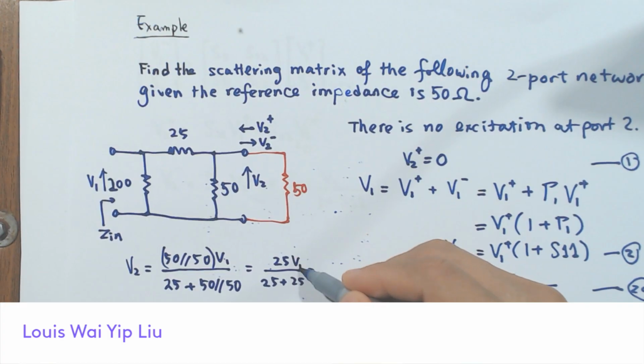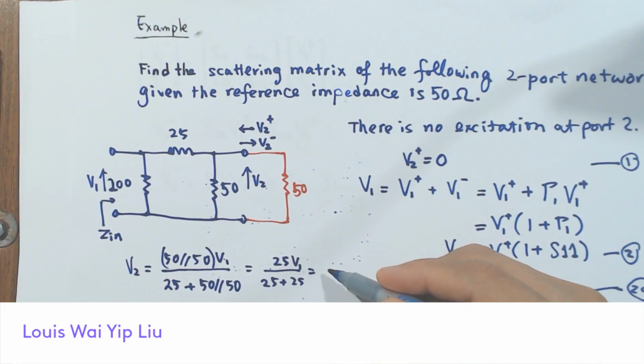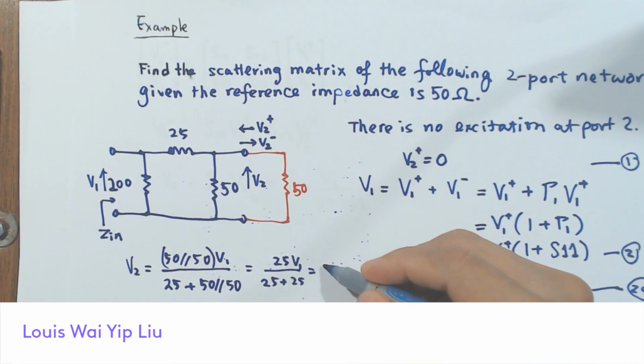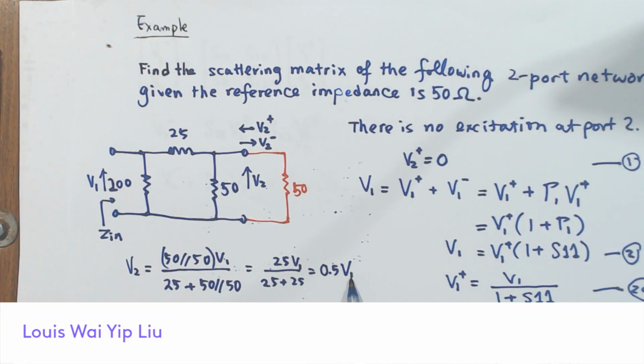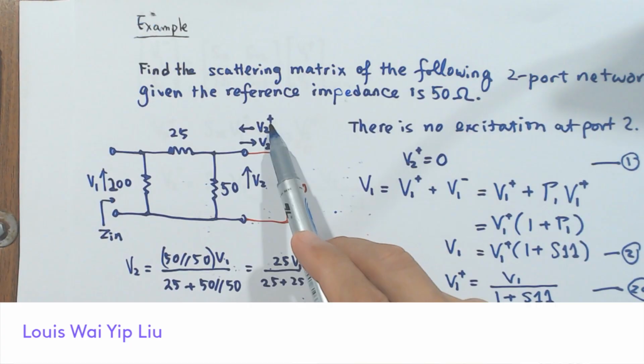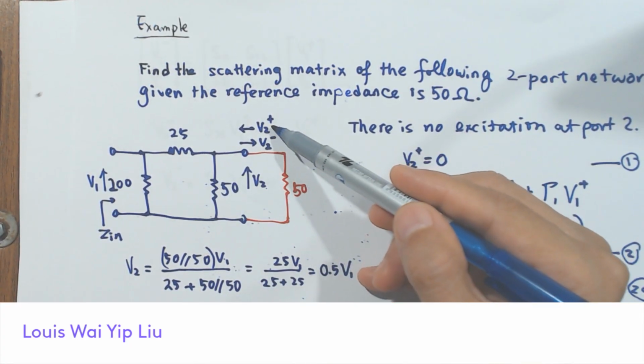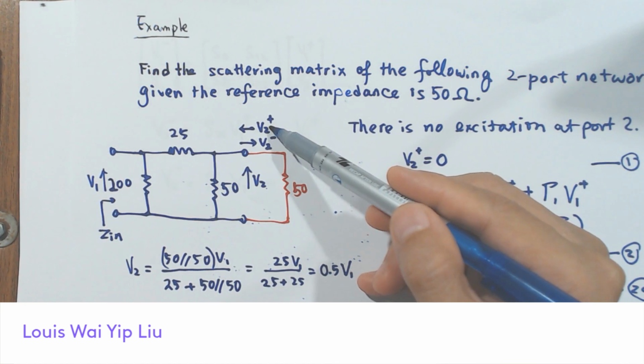So we find out this one is equal to 0.5 V1. Okay, V2 is actually equal to 0.5 V1. And now we have already known that the incident wave at port 2 is 0.